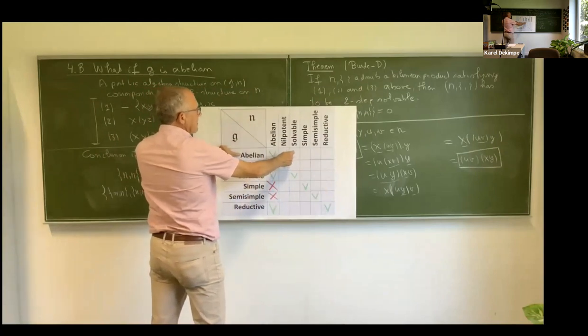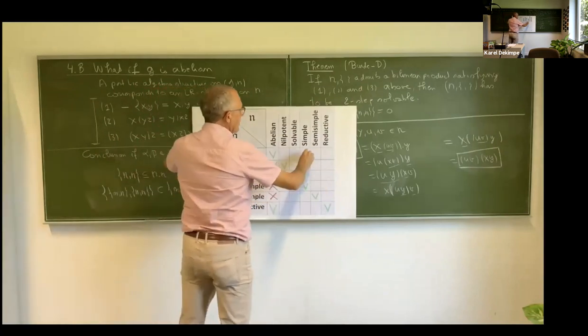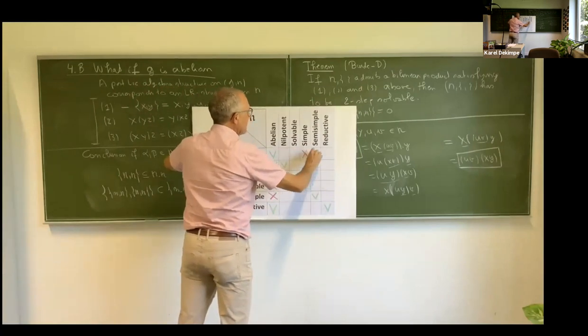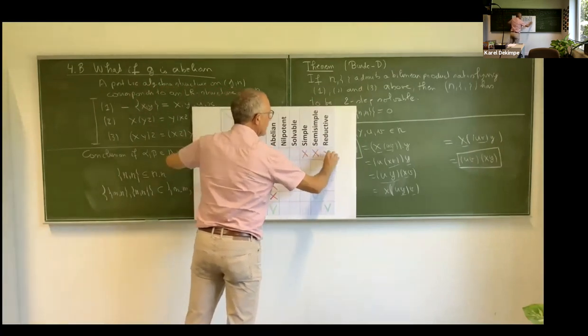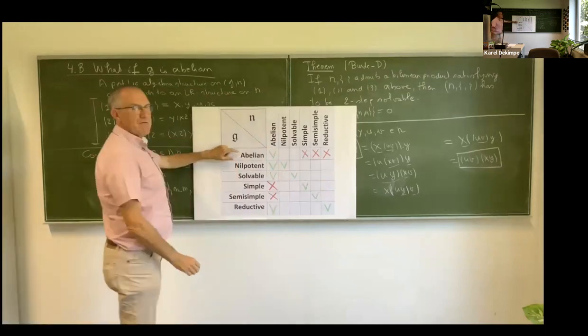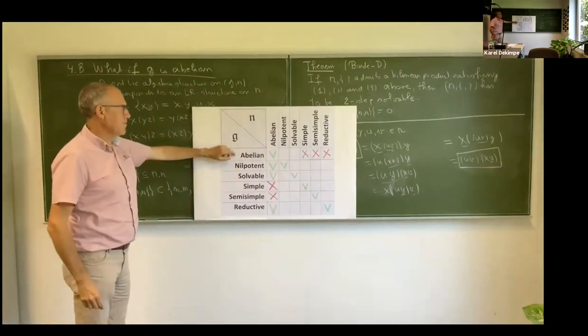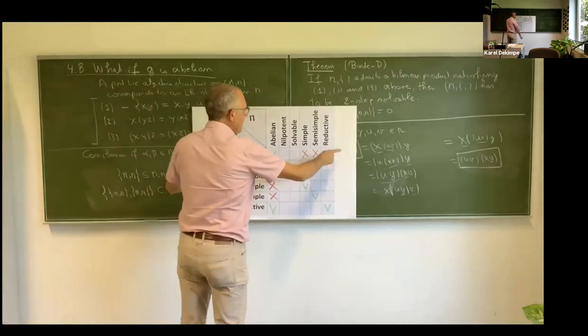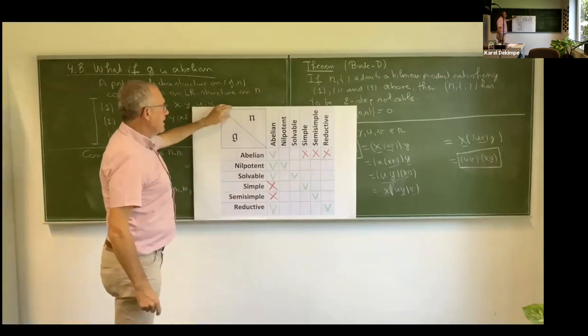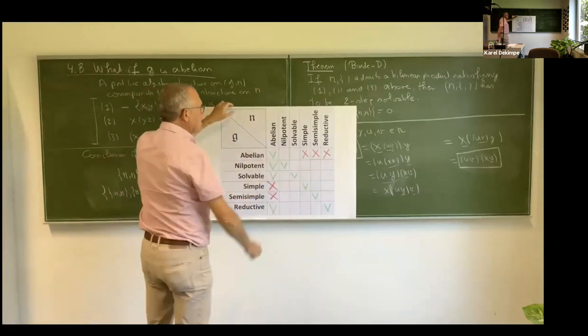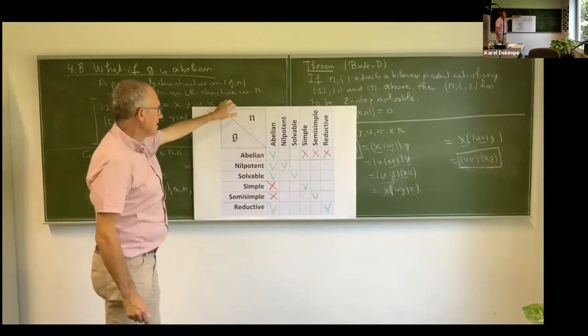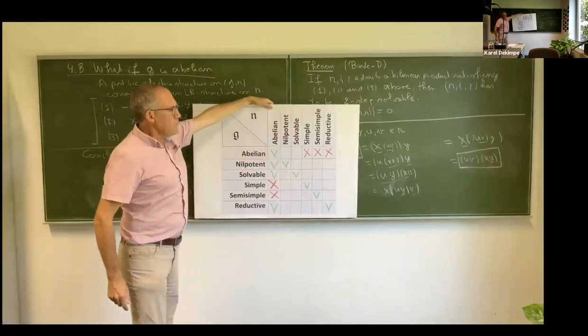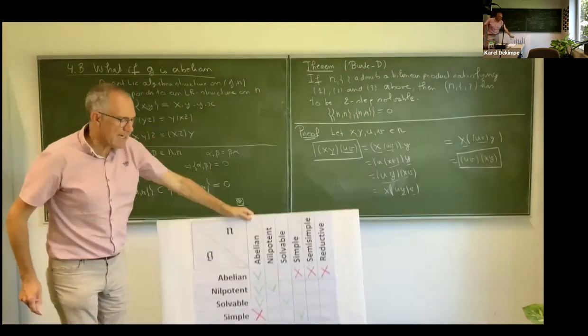So it has to be one of these three. So it cannot be simple, semisimple, or reductive because these are not two-step solvable. Already three elements vanish. Okay. And then what about the nilpotent ones and the solvable ones? Well, I can take more or less back the examples I had before.